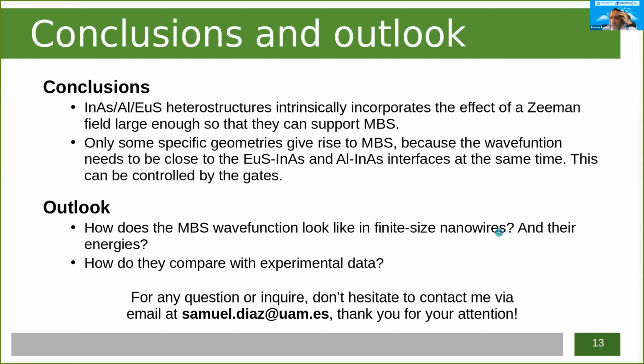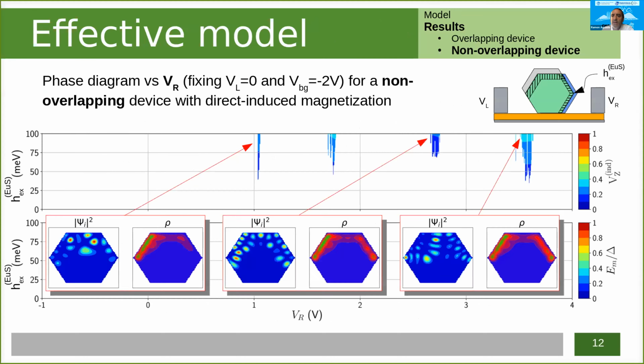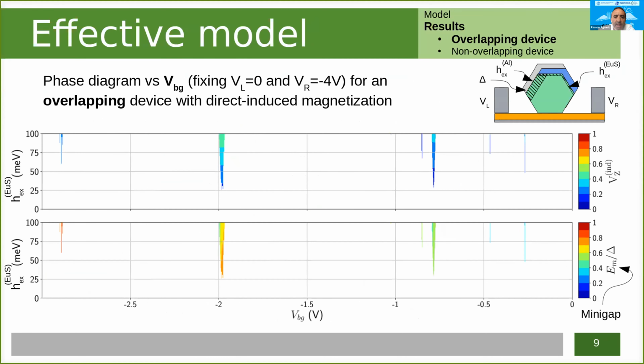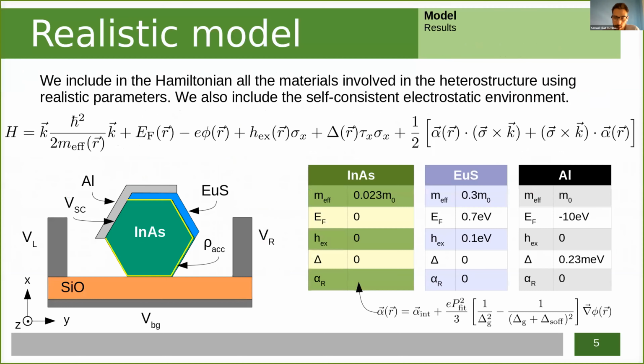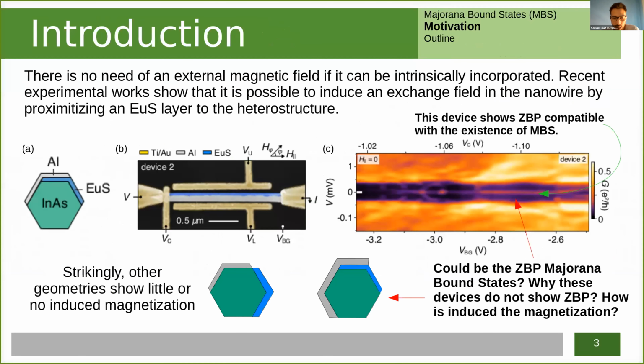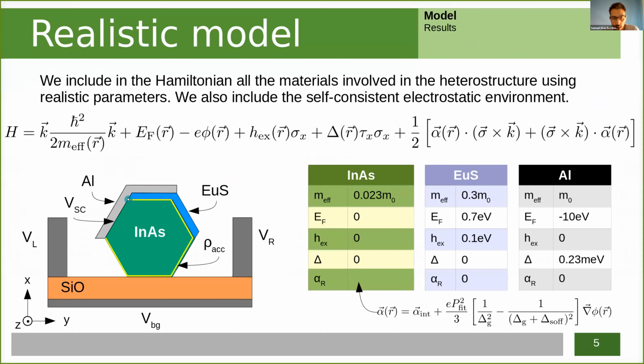I have a question, if I may ask. For the realistic model, something that I didn't get: how do you calculate the exchange field? In the realistic model, we only include the exchange field in the europium sulfide.